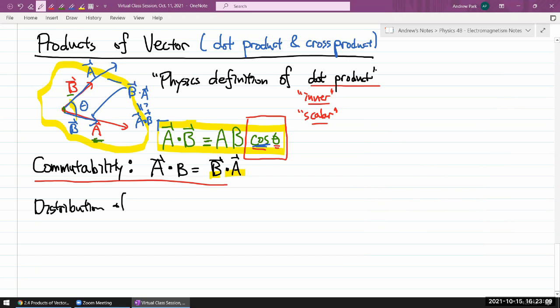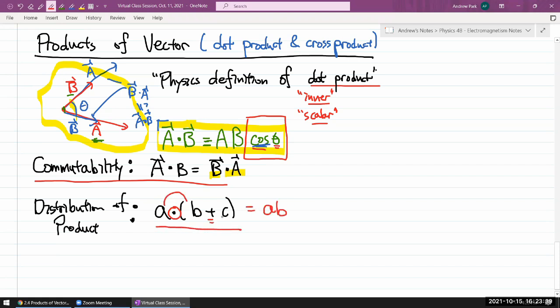In terms of scalar quantities, it works out this way. If you have scalar A multiplying scalars B plus C, then what the distribution means is you get to distribute this product into the parenthesis. So this whole quantity is equal to A times B plus A times C.